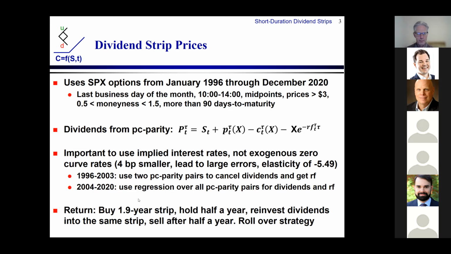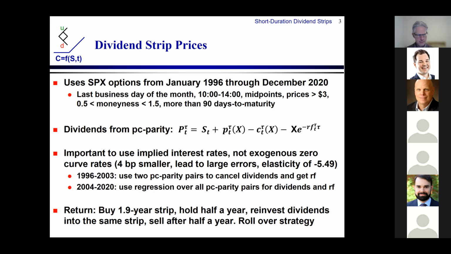Let me go to the last point on this slide first, and then I cover this third point on the use of interest rates. To round out the strategy, to compute the return, we buy the 1.9 year strip. We hold it for half a year until, as maturity is now shortening, it becomes a 1.4 year strip.